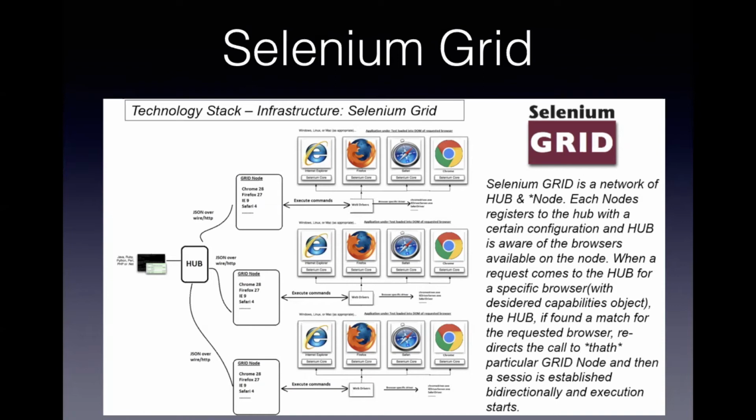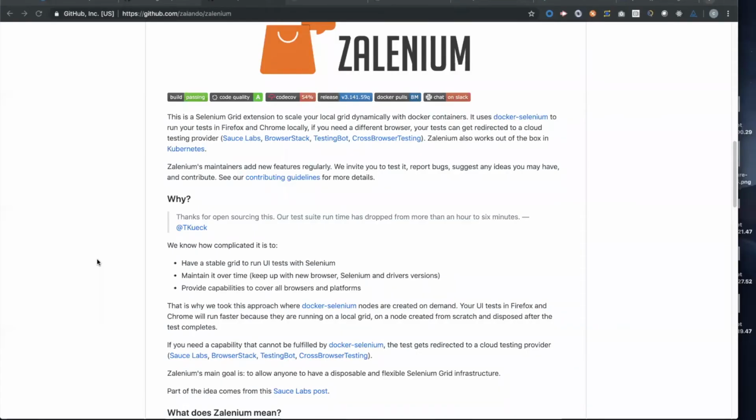So let's jump into how to run it using Zalenium. So what is this Zalenium? It's the capability to easily spin up Docker containers with Chrome browsers, with Firefox, and with all the dependencies required to run your Selenium test cases.